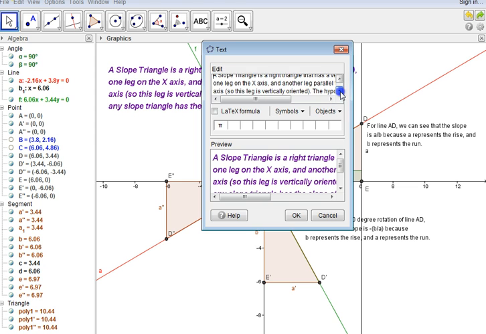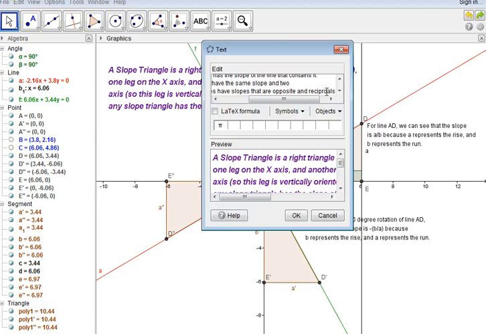So the important points here is that two parallel lines have the same slope and two perpendicular lines have slopes that are opposite and reciprocal.